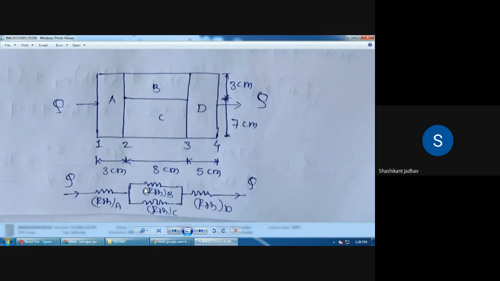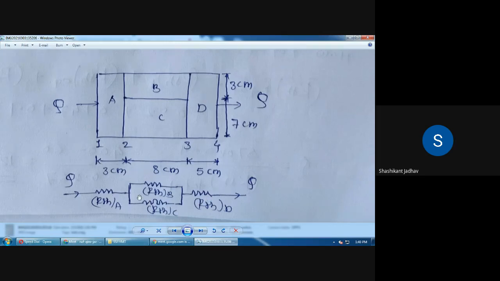So in that way we have to calculate the equivalent resistance for the plate B and C, and then we have to take the series resistances, and then do the calculation. समजले का बघा? So from this resistance diagram we can easily understand that resistance B and resistance C are in parallel. So how to calculate the equivalent resistance for plate B and C? That is 1 upon R equivalent is equal to 1 upon thermal resistance of plate B plus 1 upon thermal resistance for plate C. So from that we get the equivalent resistance, and that equivalent resistance is in series with A and D.